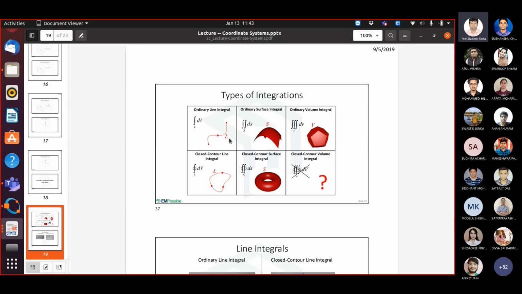This dl is, in most cases, a vector quantity, the incremental length. Similarly, let's say you have to find out the total flux, and you know the magnetic flux density B.